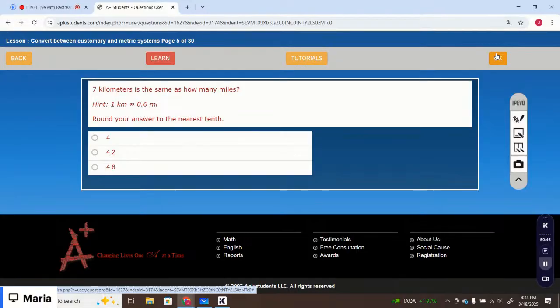7 kilometers is the same as how many miles? So we are given 1 kilometer equals 0.6 miles.